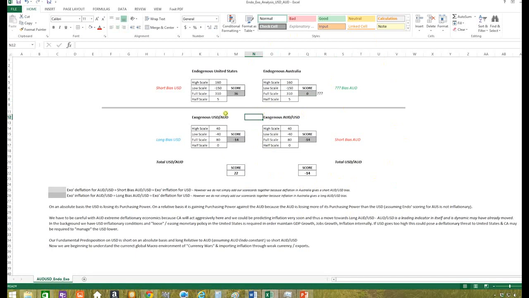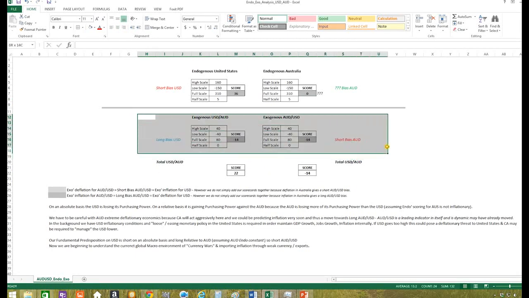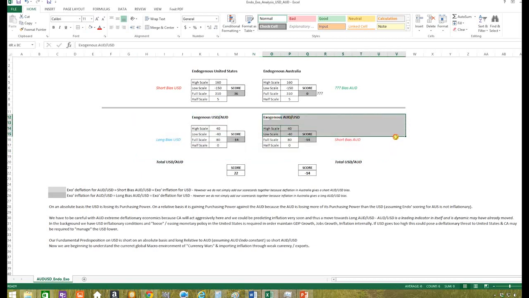Now, when we move on to the exogenous analysis lower down, on the right-hand side, our subject was to look at the Australian economy and use the Australian dollar US dollar as a proxy for our view on the Australian economy relative to the United States economy.